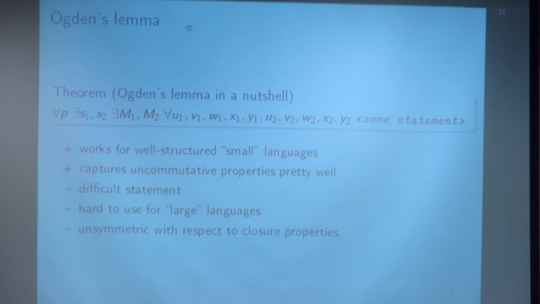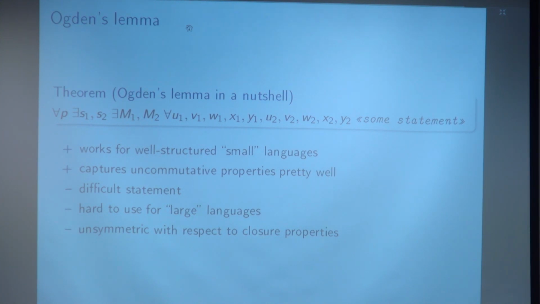It captures non-commutative properties of language also pretty well, in the sense that if you have some word, not only the number of each letter in the word is significant information, but the order is also very significant information, of course. But several methods don't work very well with order, so they just ignore it.